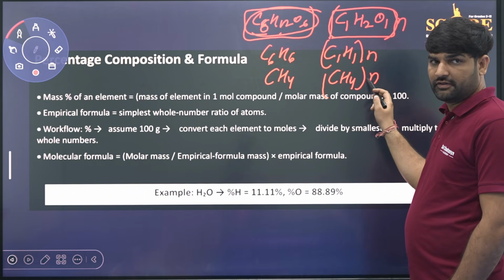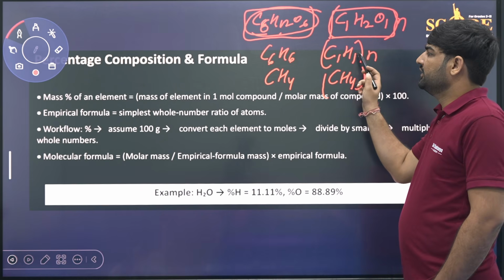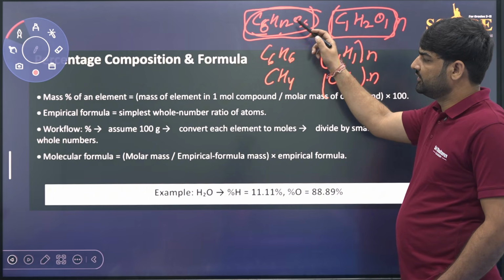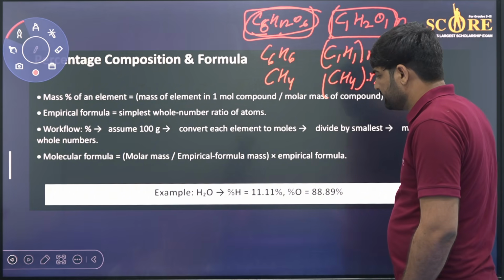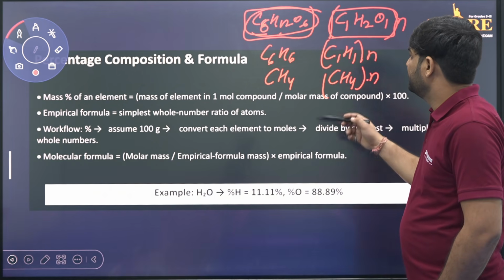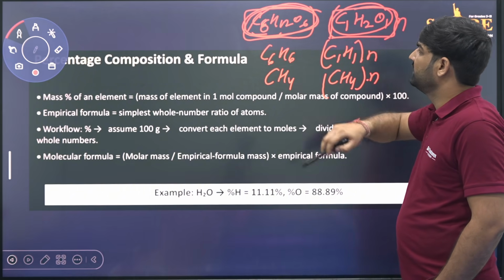If I multiply by 1, you get this. If I multiply by 6, you get this. If I multiply by 6, you get this. So you can say, what is N? This is molar mass, this is empirical formula mass.